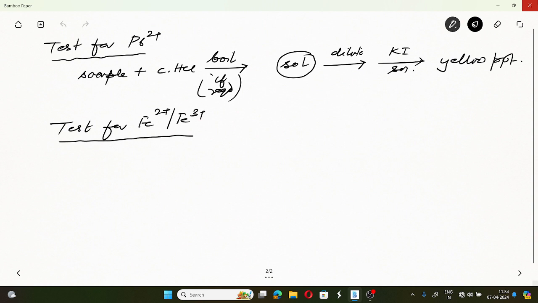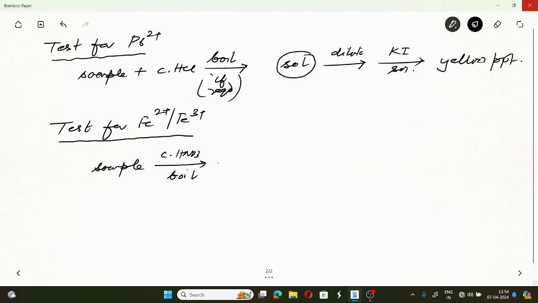How will you convert it? You heat the sample with an oxidizing agent, maybe concentrated nitric acid, and if required, boil it.